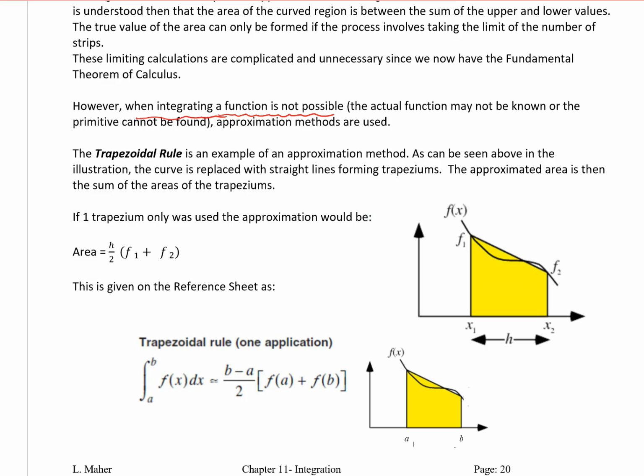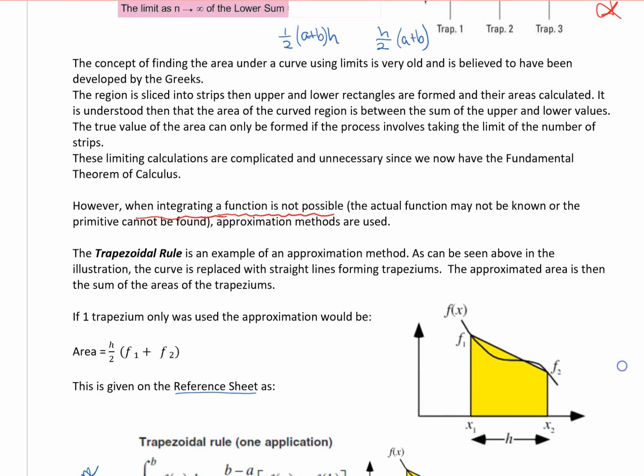That will then lead us to a more generalized formula. The interesting thing is that on the reference sheet, they actually just leave it with one application. By the way, this terminology, one application, just means they're taking the region and making one trapezium.